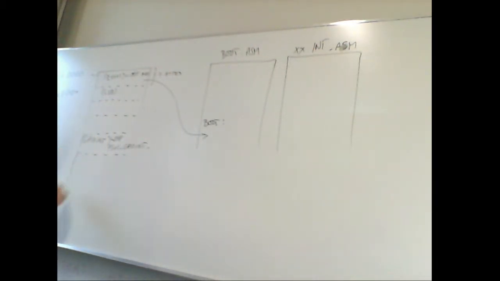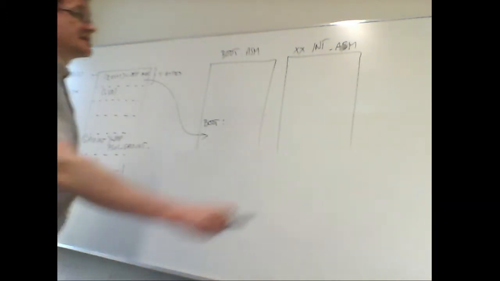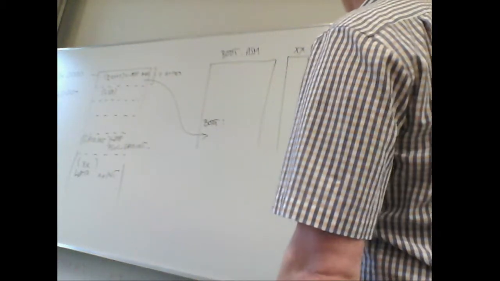So any of those actually work like this. If we have an XX interrupt here, then basically on these 4 bytes, there's a long jump to XX int service, which is an assembly file.